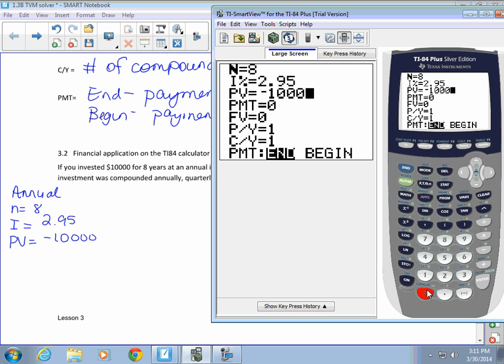Our payment, we're skipping over that one. Future value, that's what we want to calculate. Our payments per year was 1. Our compounds per year was 1. So now we want to know what this is at the end.